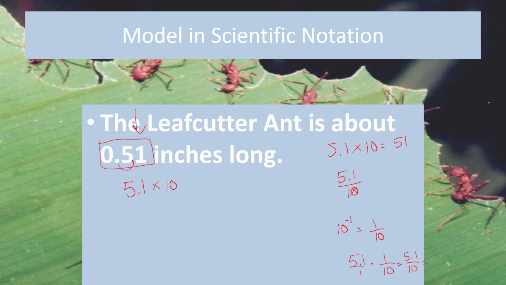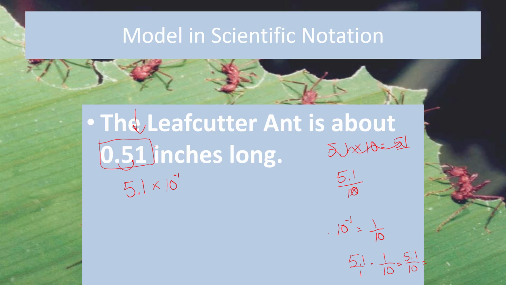That answers a lot for us, doesn't it? We don't really want to multiply by 10 to the first power, which is going to give us 51, but rather we want to multiply by 10 to the negative first power. So this is where we start to think of the powers.